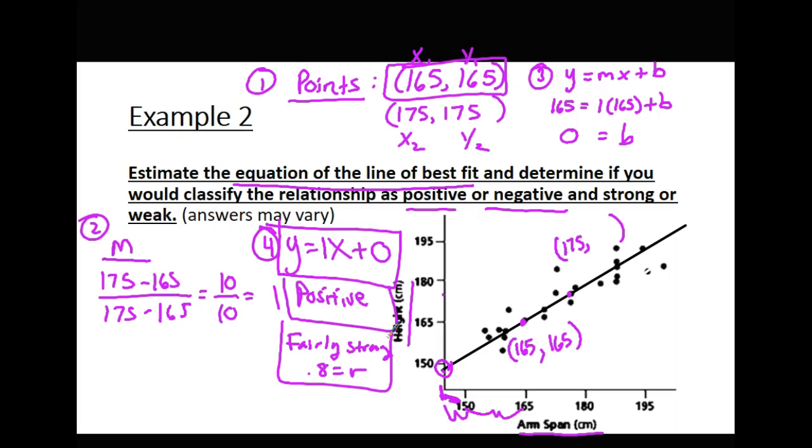And what that R value tells you basically is that arm length and height are pretty strong predictors of each other. So in math, we like to talk about how strong the relationship is, because then we can know how dependable the prediction is. So if somebody's arm length is this much, there's a very strong probability that their height will be such and such.